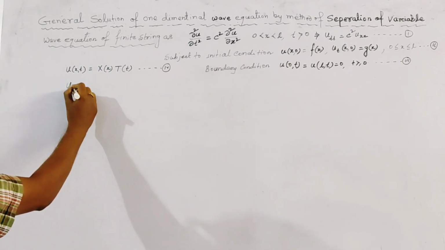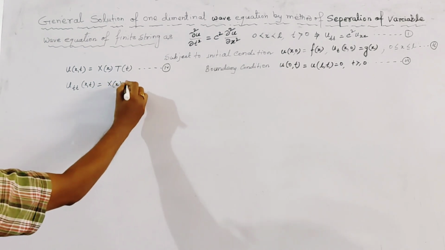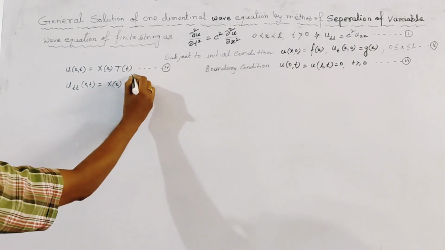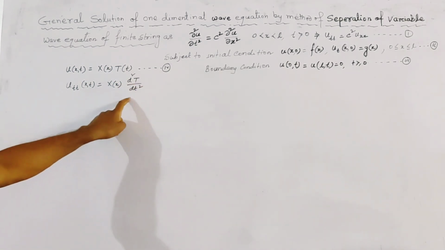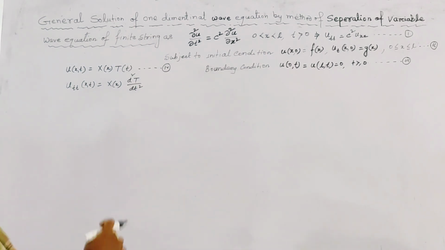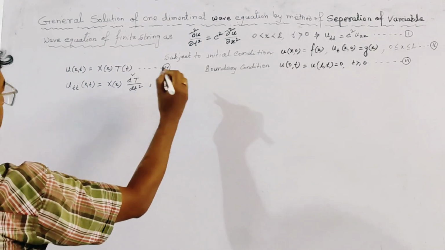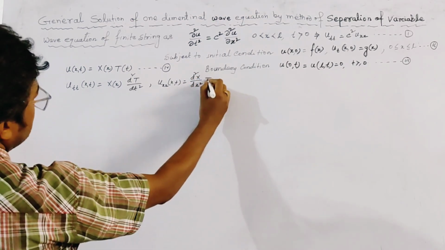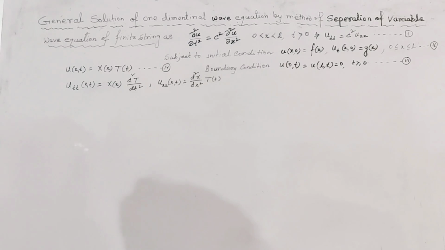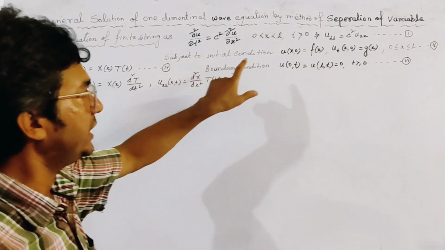Then we get u_tt(x,t) equal to X(x) into d²T/dt², because T is a function of t only, so this is plain ordinary differentiation. Similarly u_xx(x,t) equal to d²X/dx² into T(t).